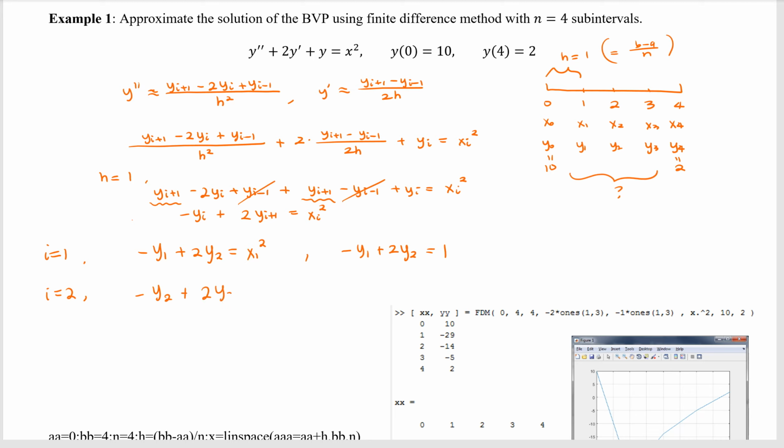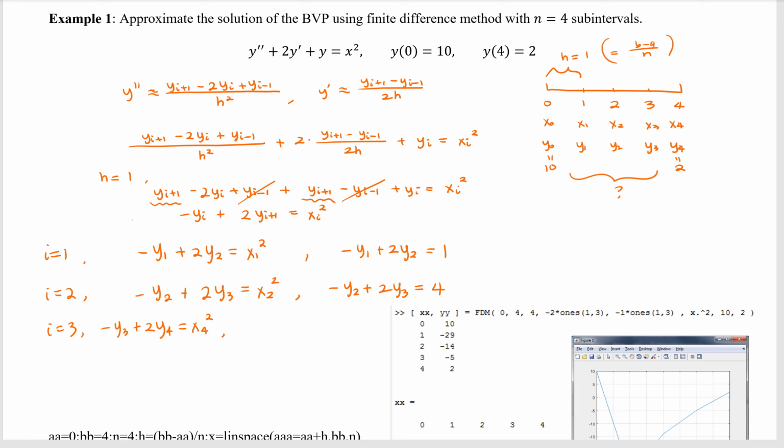And when i equals 2, we plug in minus y2 plus 2y3 equals x2 squared. So we get minus y2 plus 2y3. x2 is 2, 2 squared is 4. When i equals 3, we have minus y3 plus 2y4 equals x4 squared.